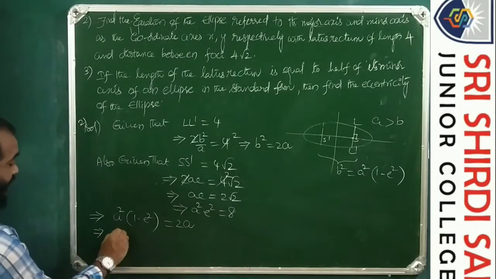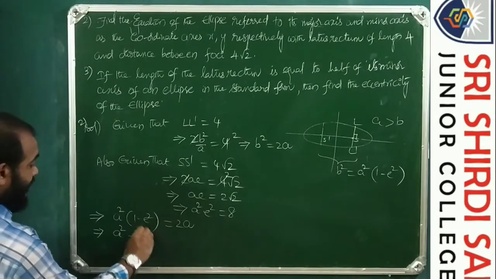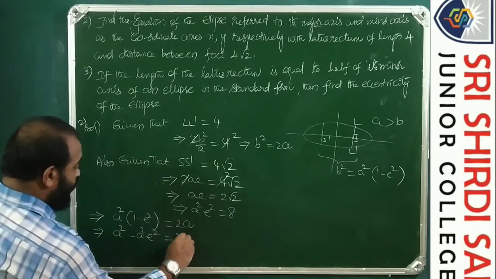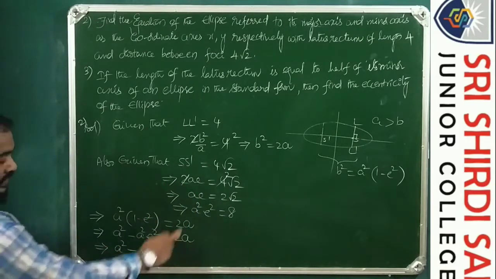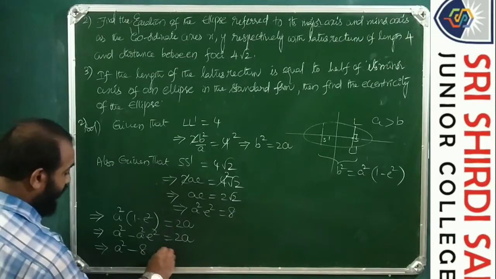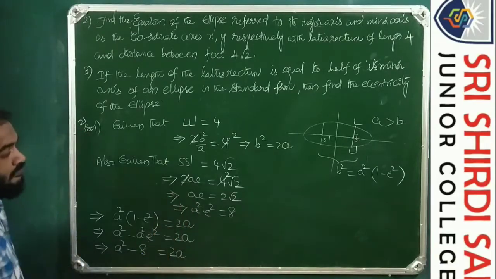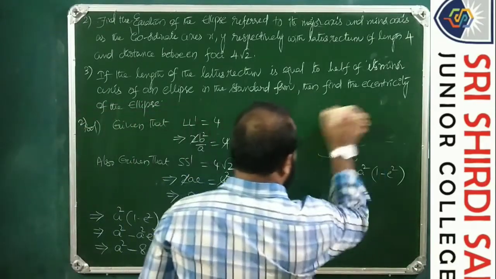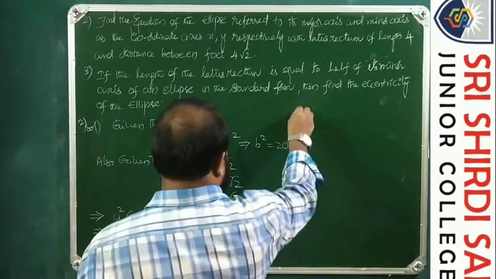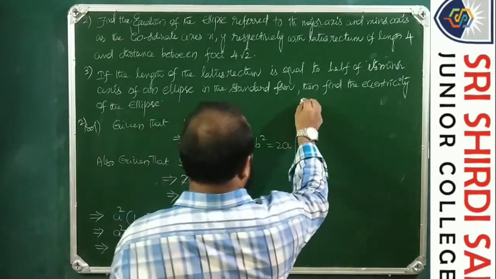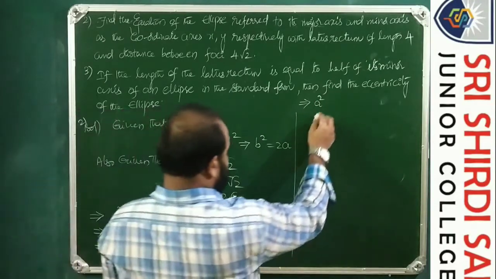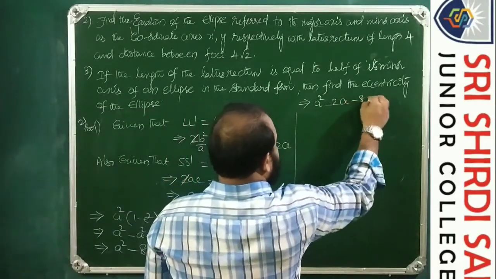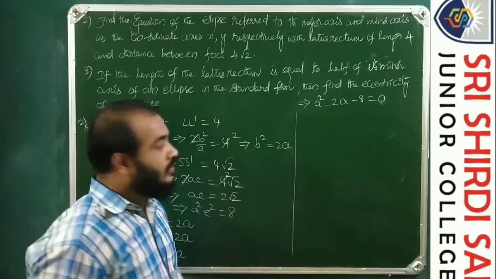From this, a square minus a square e square is equal to 2a. So a square minus 8 is equal to 2a, so a square minus 2a minus 8 equals 0.